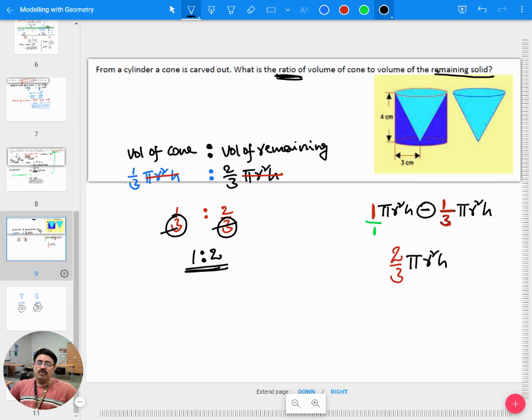So there is nothing to do with these dimensions. It is only extra information. If you want, you may take the dimensions, find the volume of the cone and find the remaining solid using the dimensions. Still, you'll end up with the same result, that is 1 to 2.